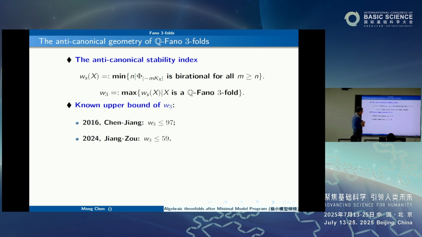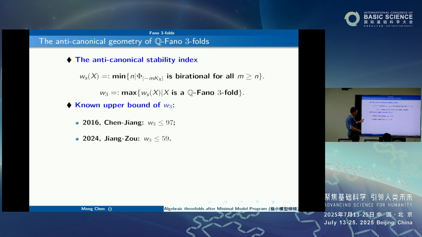In 2016 with Chen Jiang, we proved that W3 is smaller than or equal to 1997, and again recently it's improved by Chen and Zhou. Zhou was my former PhD student. They improved this to 59.